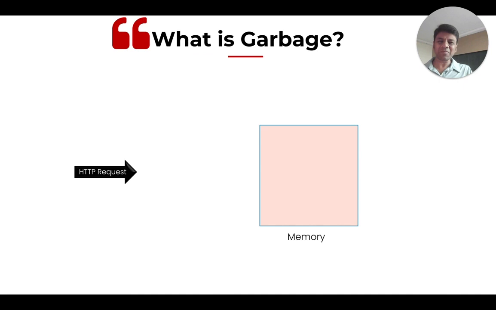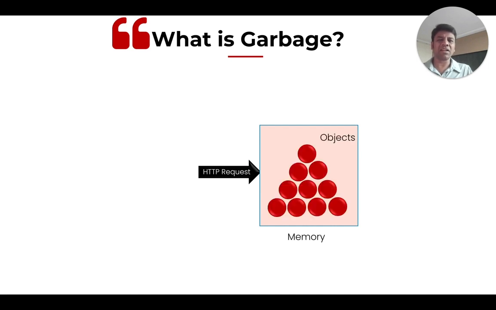So here, let's see technically what garbage means. Let's say I have my application, my memory is there. Now let's say a request comes in. To service this request, my application is going to create objects. So let's say a sign-on request comes in.